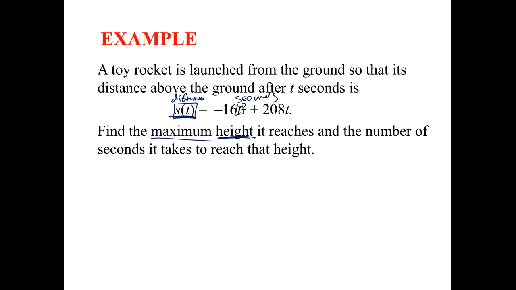Because distance is my output, right? So height represents y, so the height will be the y value of the vertex. So the y value of the vertex will represent the maximum height. The number of seconds, by process of elimination, will be the x value.